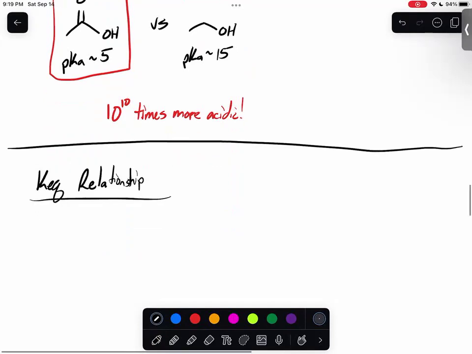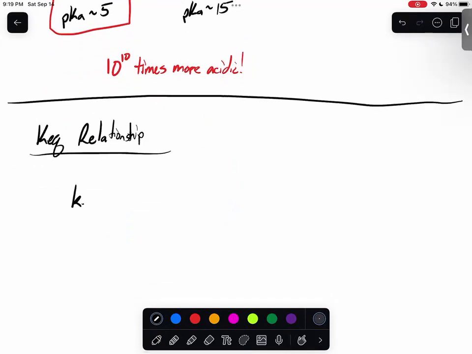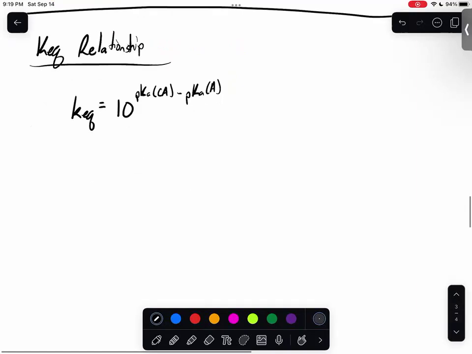So one equation that I will say is useful, that I will give you and that you kind of need to know, is that the KEQ is always going to be 10 to the pKa of the conjugate acid minus the pKa of the acid.